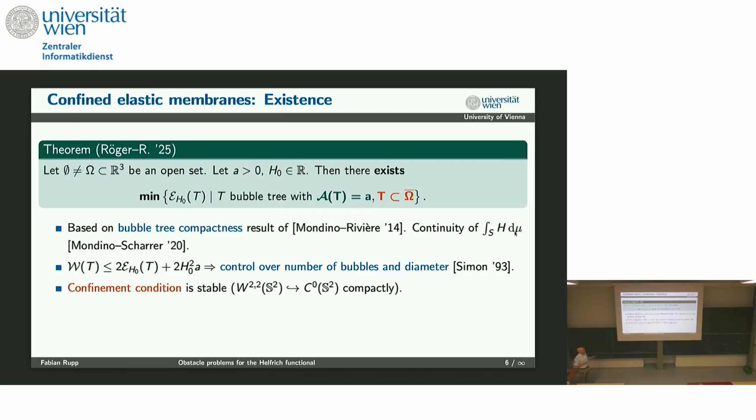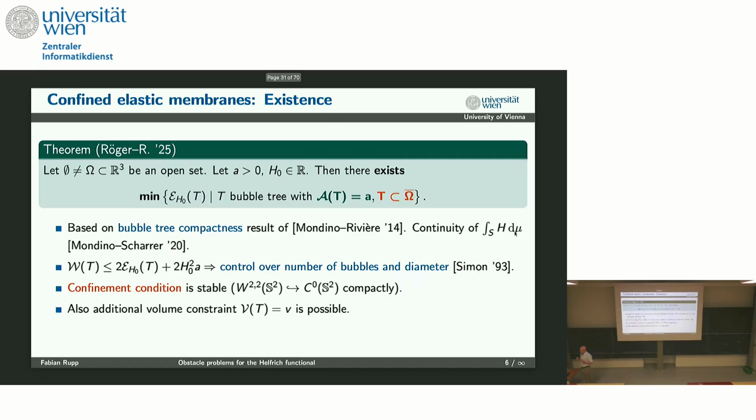The last thing is to check that the confinement condition passes to the limit, but this is not very difficult to see, essentially because we have a compact embedding in 2 dimensions of the W^{2,2} space in the uniform topology. That means that the confinement condition will pass to the limit along a minimizing sequence, and this allows us to conclude existence of minimizers.